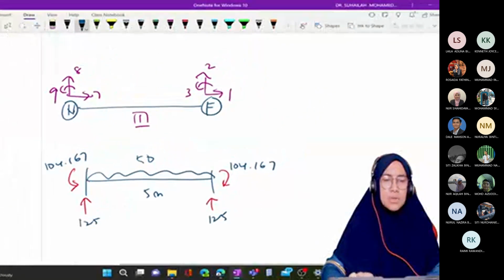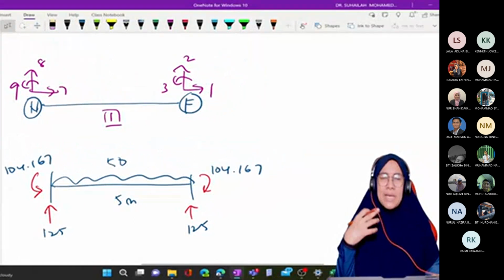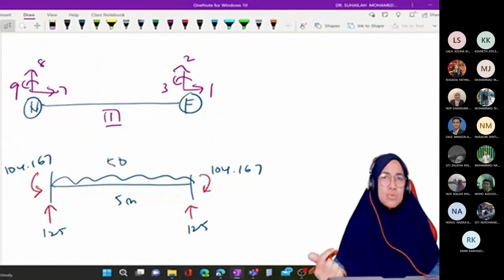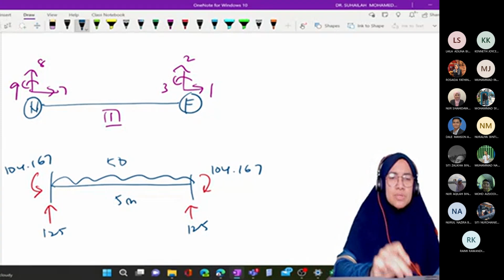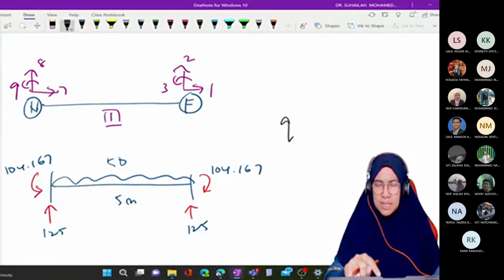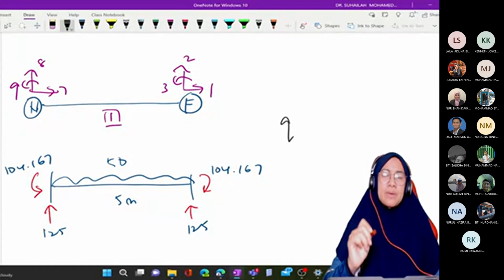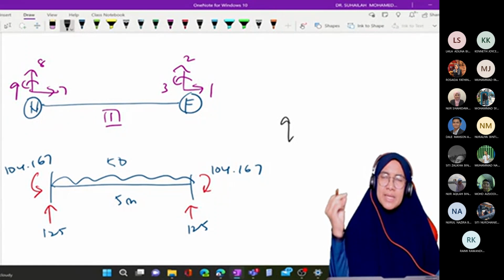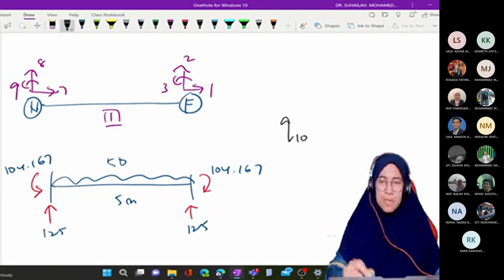Okay, so it will be easier if we compare these two diagrams. We are producing Q small. It is Q naught, the equivalent element nodal forces, and this is for element number 1. So Q1 naught.